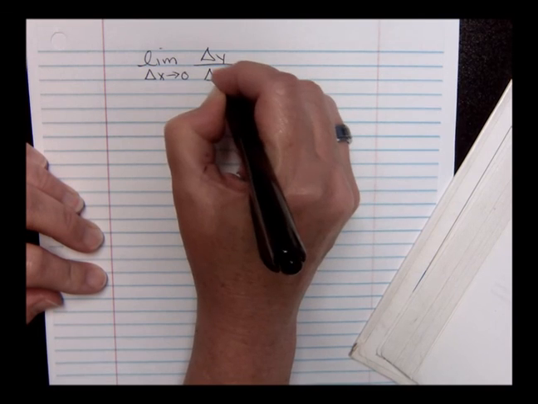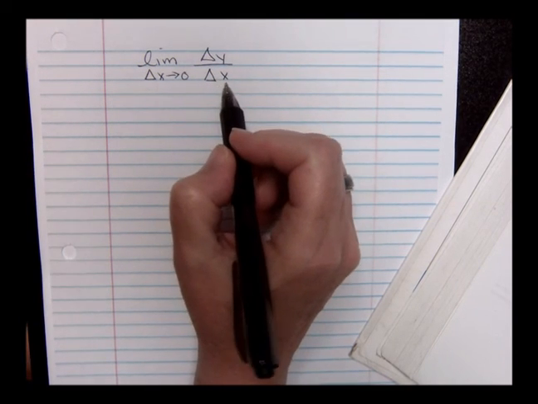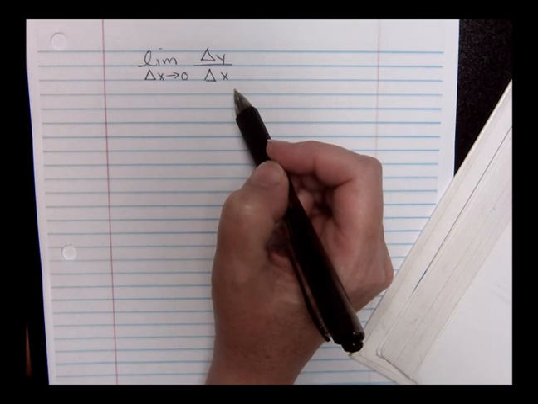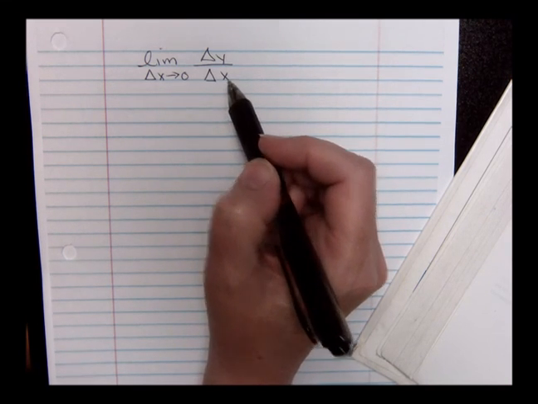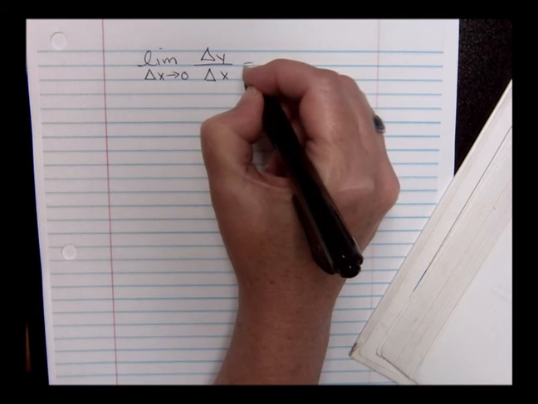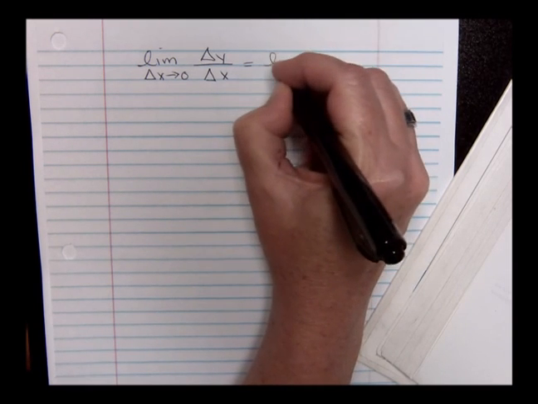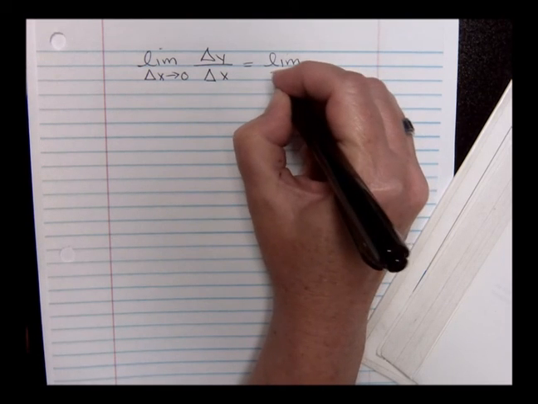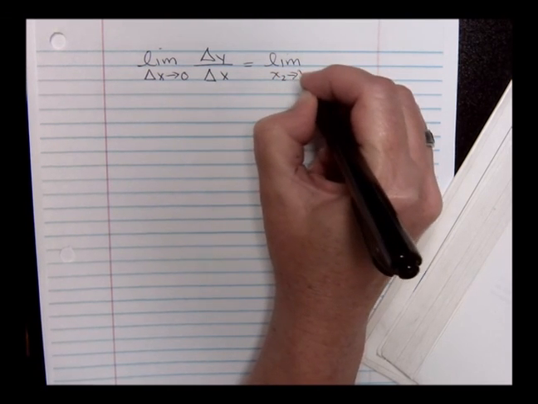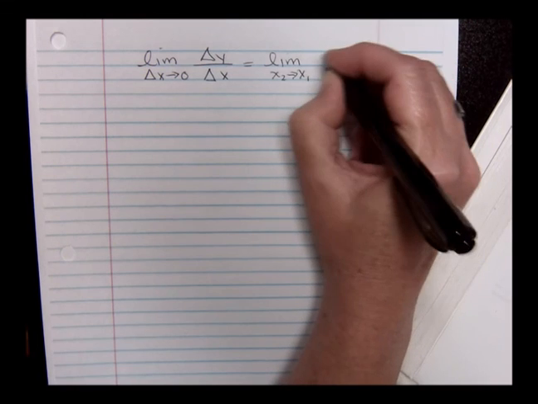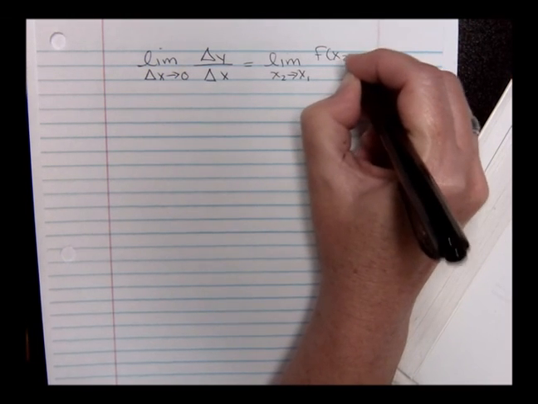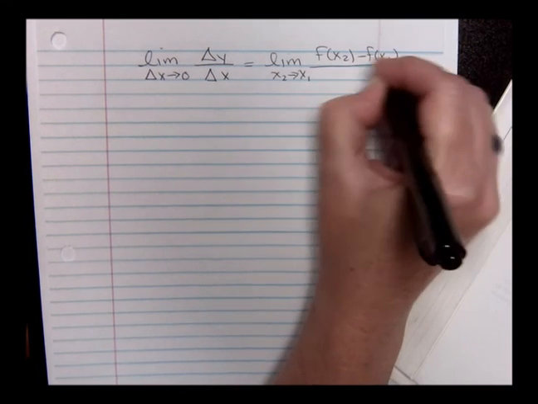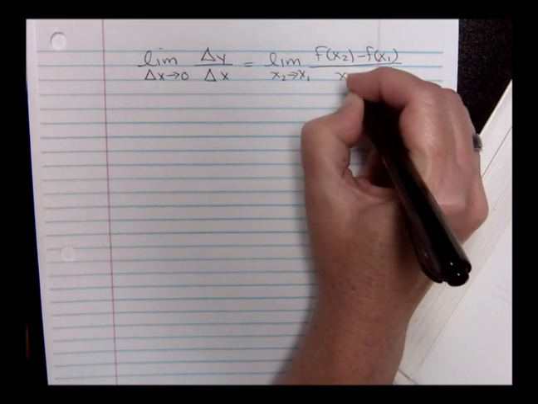Hopefully you remember from algebra, delta y over delta x is just your slope. It's another way of writing slope. That's going to equal your limit as one point approaches the other point. Here is your slope formula again, all over x2 minus x1.